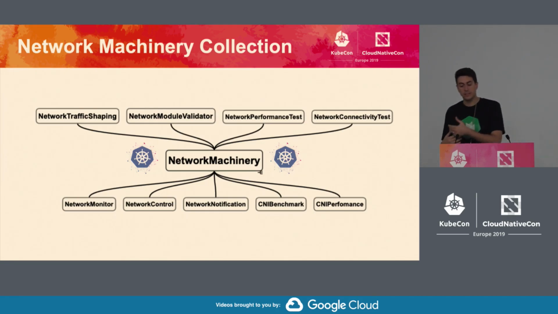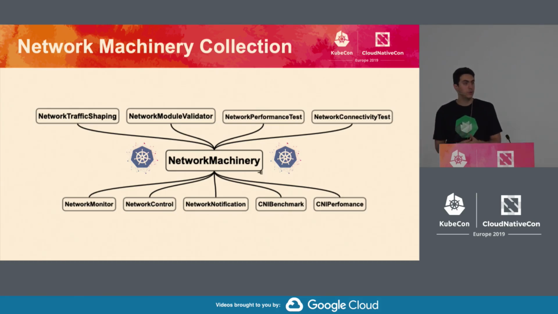Even if other teams, like the security team, mess with these modules in the kernel, they get reconciled. There's also the network performance test that allows you to specify clients and targets and measure performance across your cluster. There are also network connectivity tests like ping and iperf, and there's also network monitor, control, and notification to build an SDN use case.